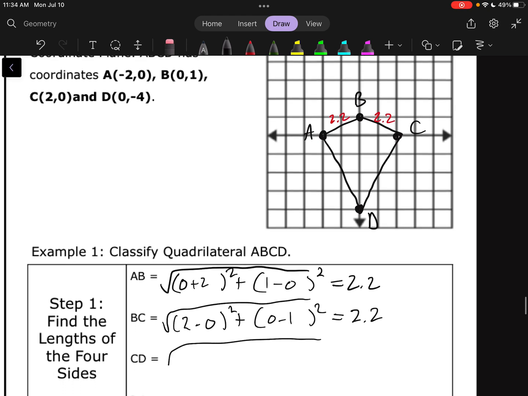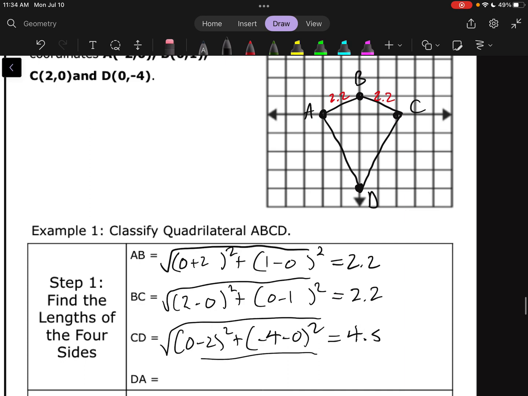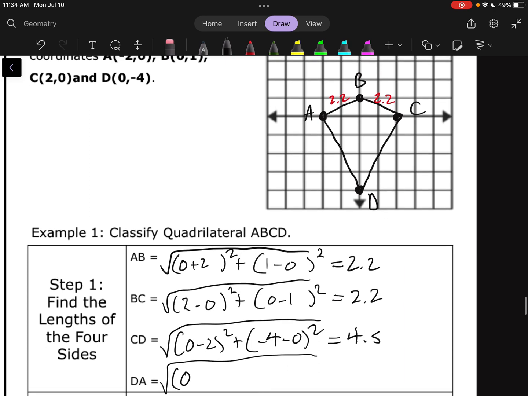For CD, I'm going to be doing 0 minus 2 squared and negative 4 minus 0 squared, which should give me 4.5. And then for DA, I'm going to be doing 0 minus negative 2, or 0 plus 2 squared, and then negative 4 minus 0 squared, which should also give me 4.5.